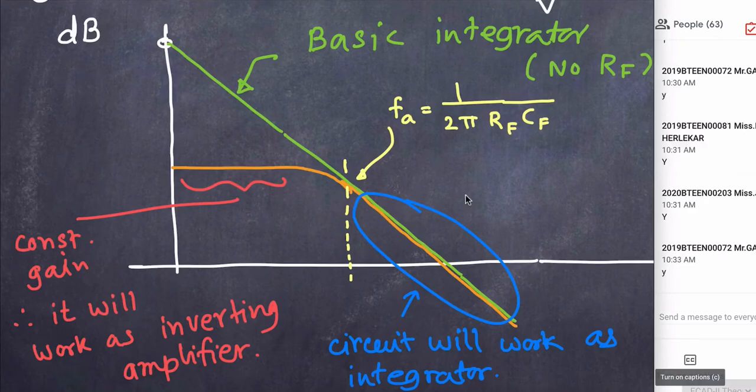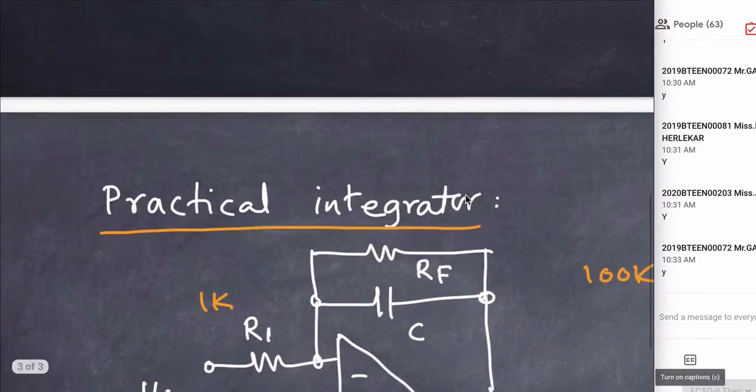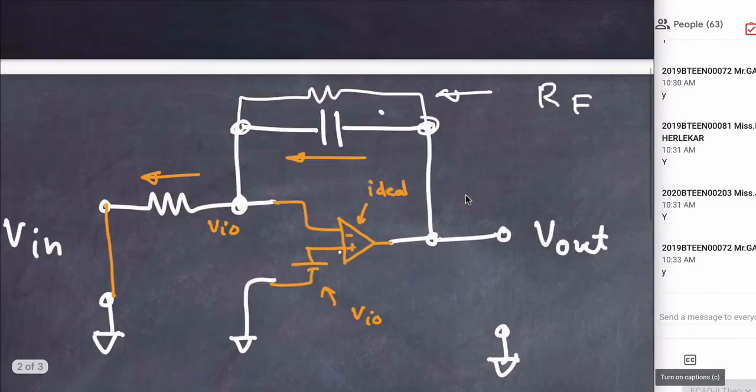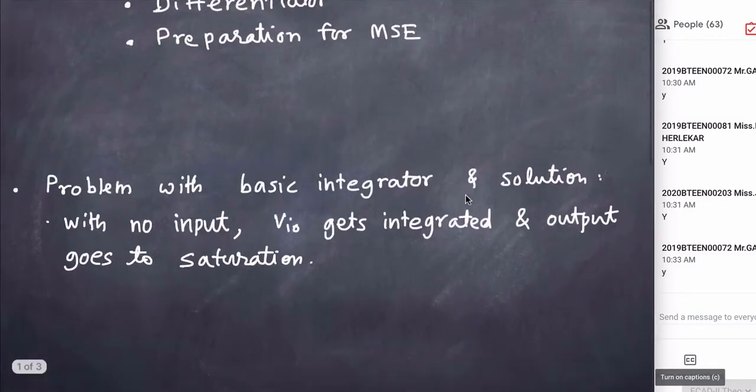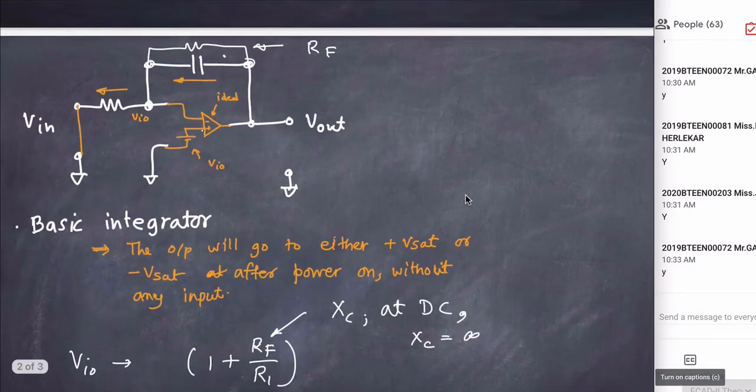Fine. So we cannot use the basic integrator without the resistor, because it will saturate the output.